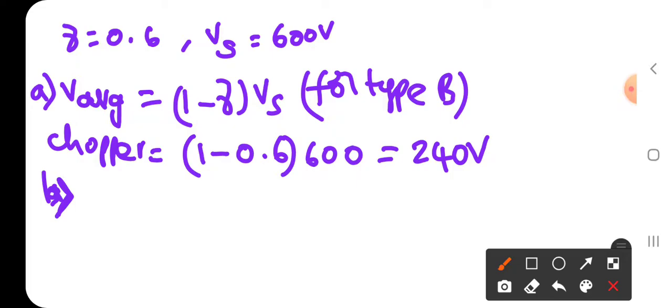Just write down one line here. The power is regenerated to the DC supply when the diode is conducting.